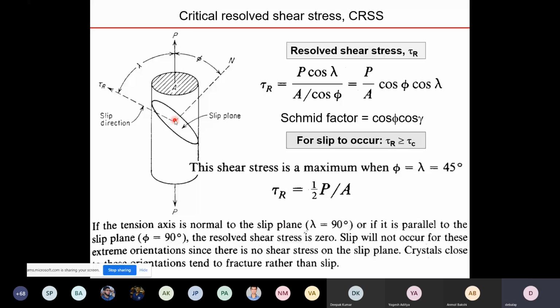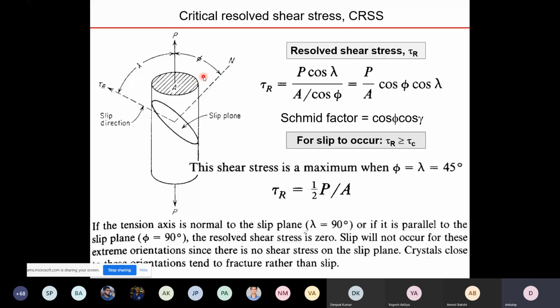For example, if you see this, the way it is drawn, it gives an appearance that phi plus lambda equals how much? Ninety degrees, which is incorrect. That's why I have shown that angle xi.